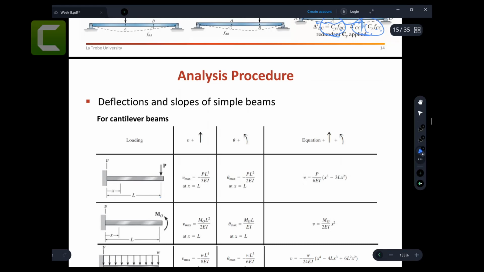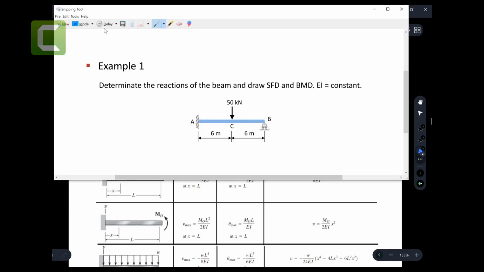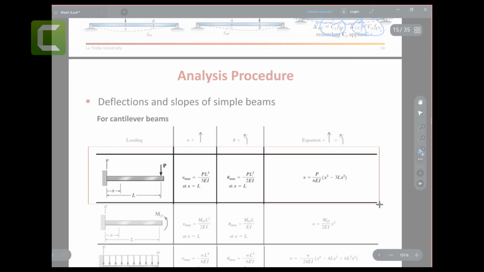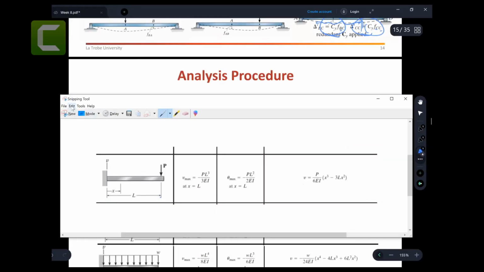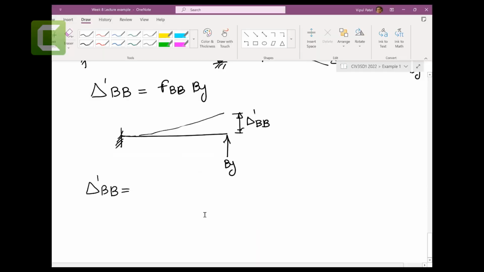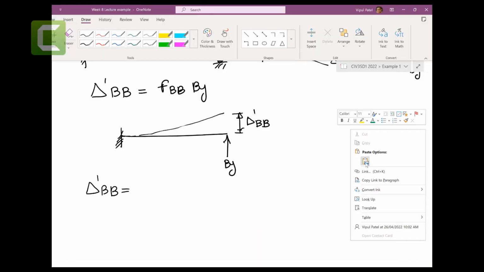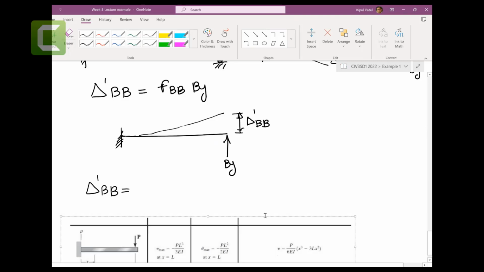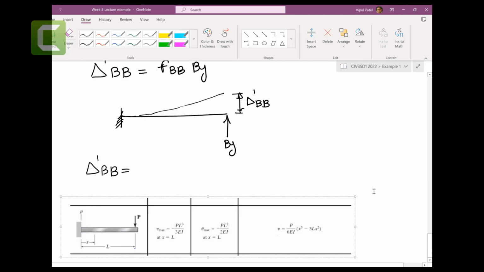So let's take this cantilever. Again, you can use virtual work methods if you can't use these tables. Now in these tables, you can see P is your By. So we need to find the maximum deflection because we need to find it at this tip here.